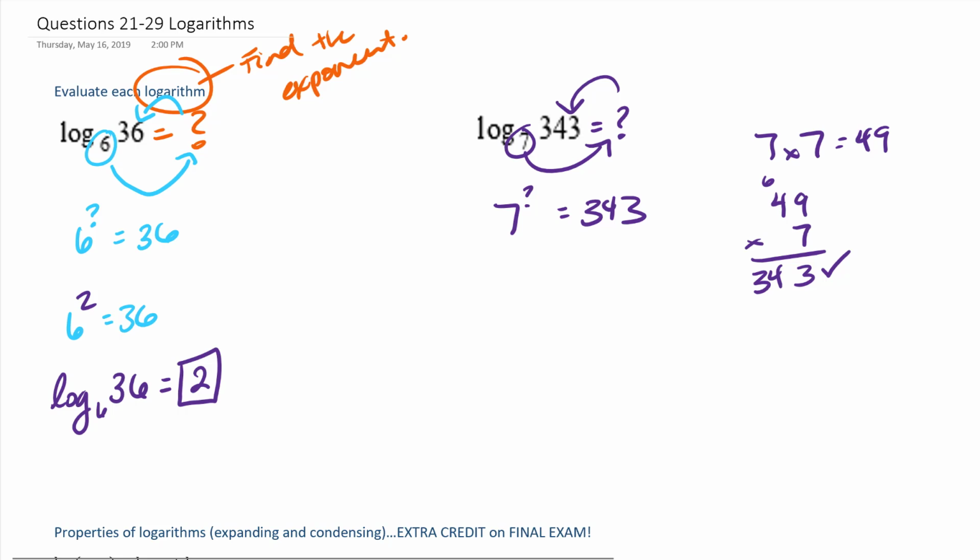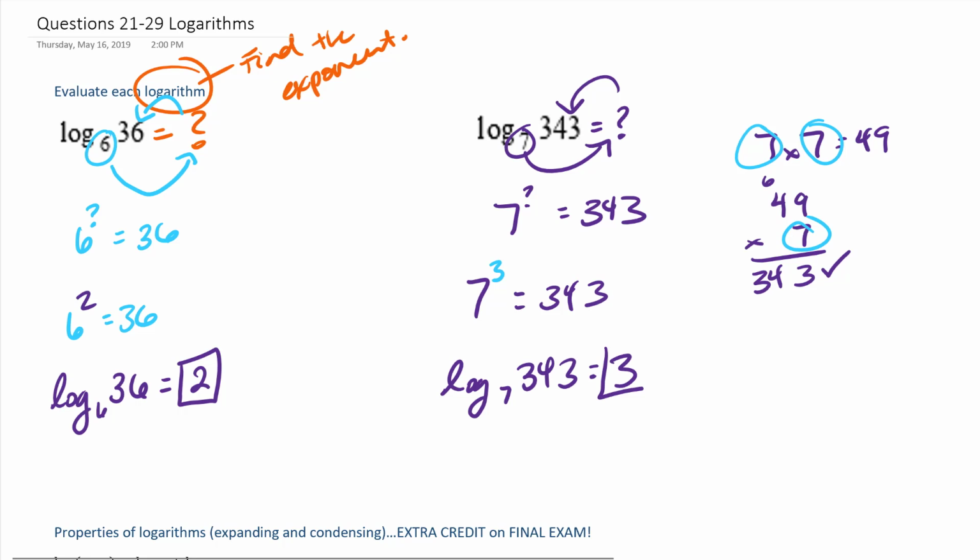So how many 7s did I multiply? 1, 2, 3. What that tells me is that 7 raised to the third power is going to equal 343. So, what is log base 7 of 343? It is equal to 3. Finding the missing exponent. That's all it is.